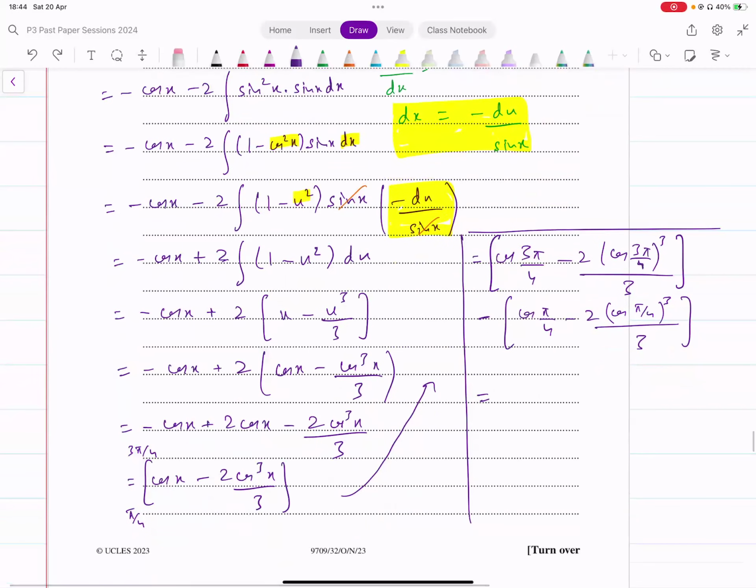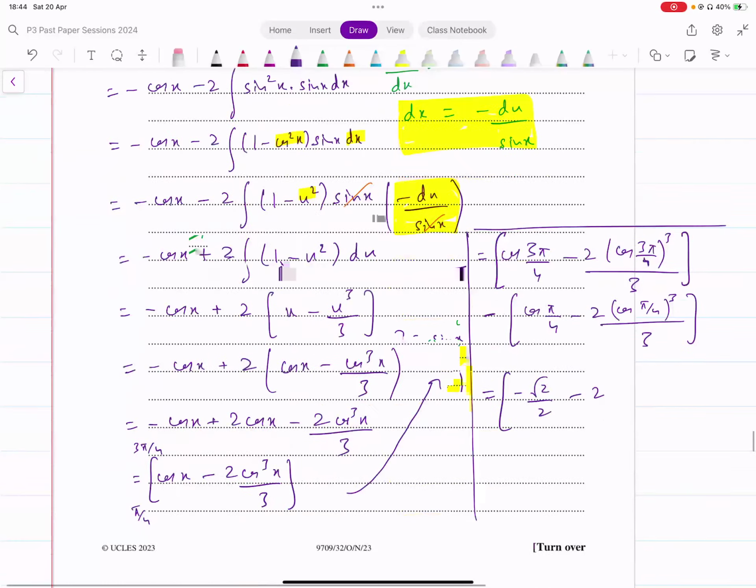Okay, let's see what we get from that. Cos of 3 pi over 4. Let's put that in a calculator and see what that gives us. 3 pi over 4 is giving me minus under root 2 over 2. Minus 2 into cos of 3 pi over 4 raised to power 3. Now it's only 4 marks. Let's not do that much effort on this.